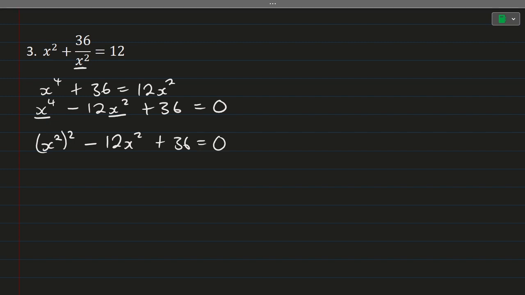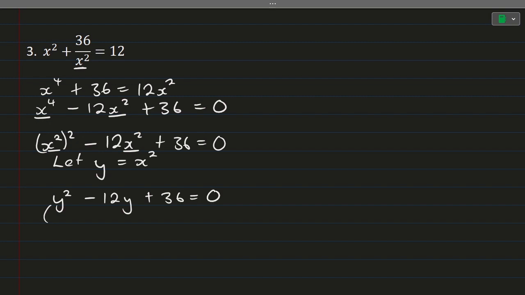Now let's make our statement. Let y equal x squared. Wherever there's an x squared, substitute it with y. So it becomes y squared minus 12y plus 36 is equal to 0.